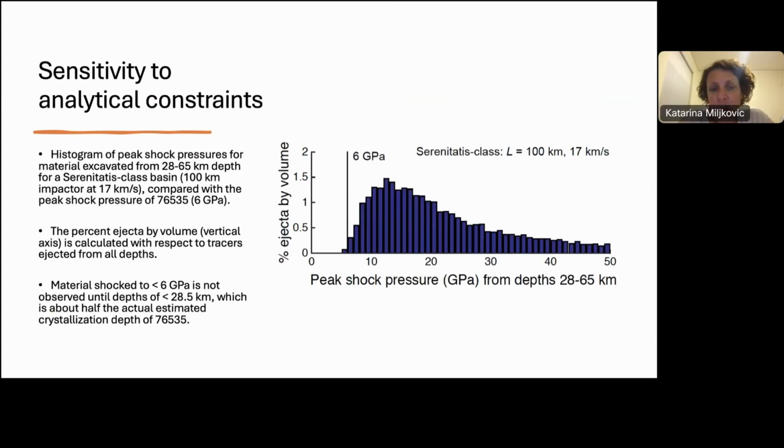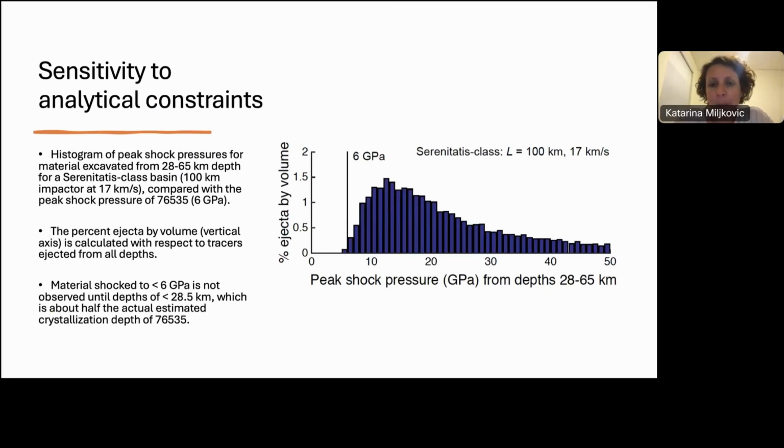We've also looked at sensitivity to some of the analytical constraints. And again, if we really, really push it, in terms of looking into higher resolution models and all that, nothing really changes.